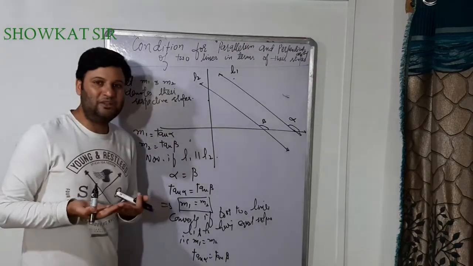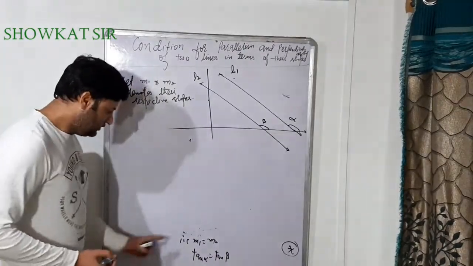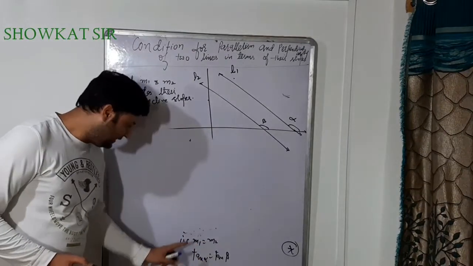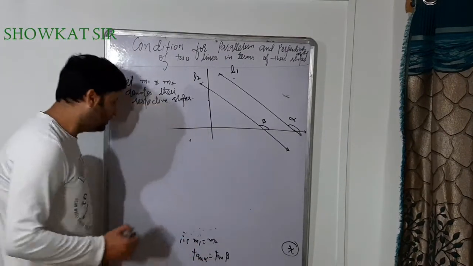Now since we know that, M1 equal to M2 implies tan alpha is equal to tan beta.